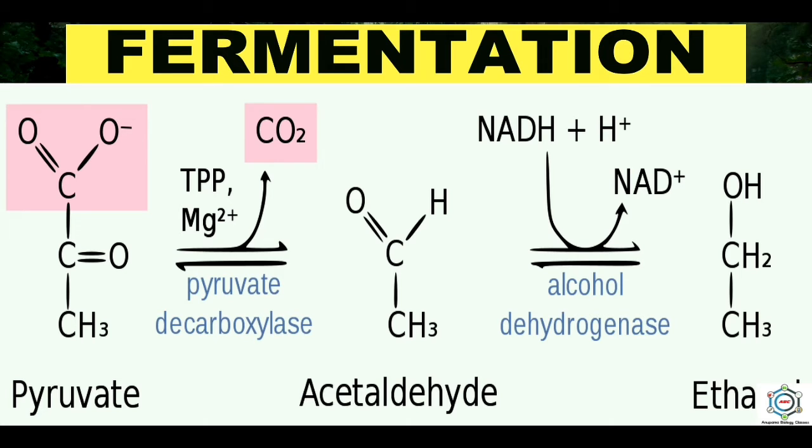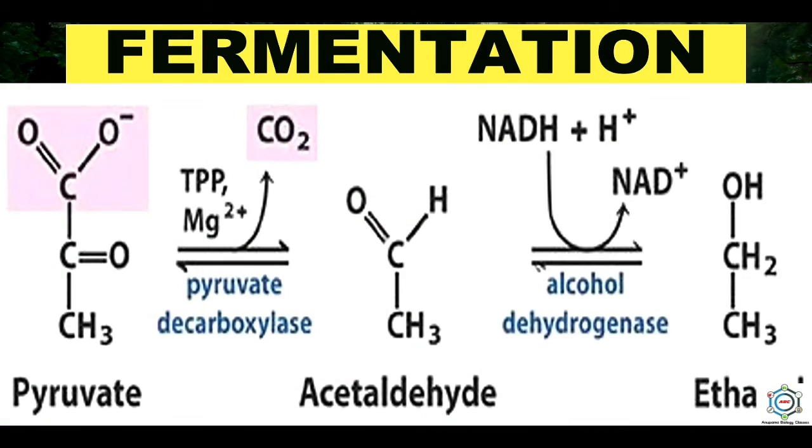So in this fermentation, the first step is the conversion of pyruvate into acetaldehyde, and after that, the acetaldehyde is reduced to ethyl alcohol by NADH and H plus, produced in glycolysis, in the presence of the enzyme alcohol dehydrogenase. So, in alcoholic fermentation, first pyruvate is converted to acetaldehyde and then acetaldehyde is converted into ethanol.